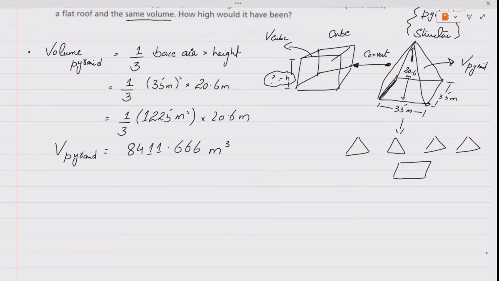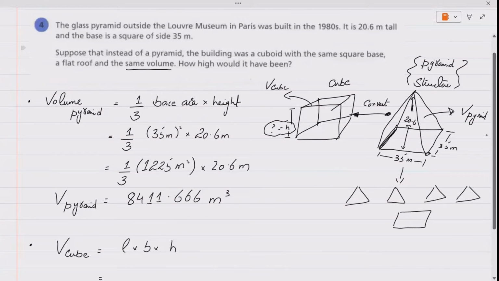Now, the second thing to do is find out the volume of a cube. So volume of a cube, we know length, breadth, and height, right? So the base remains the same because we are given that when you make the cube from this structure, this cube has the same square base.